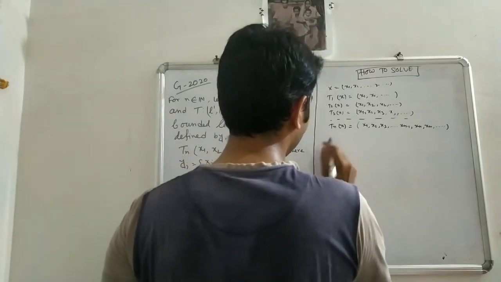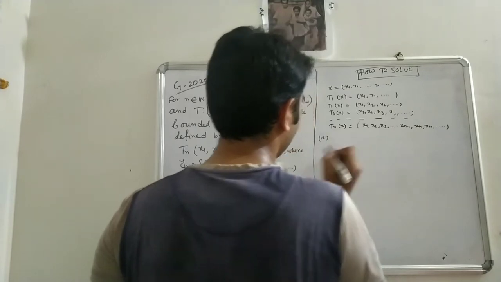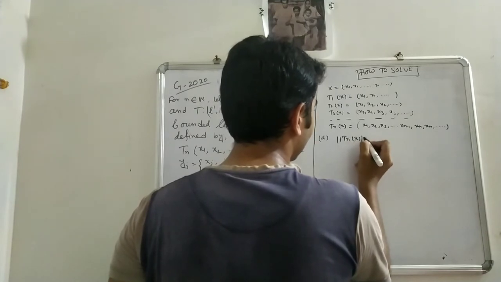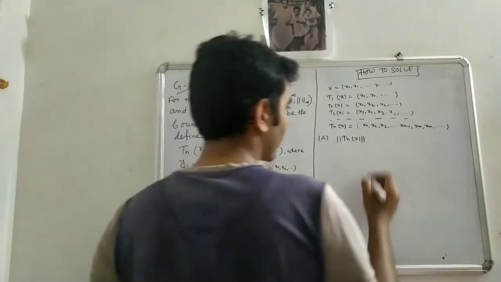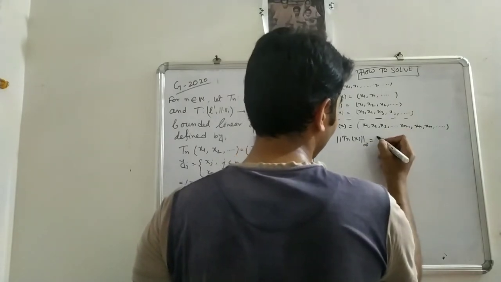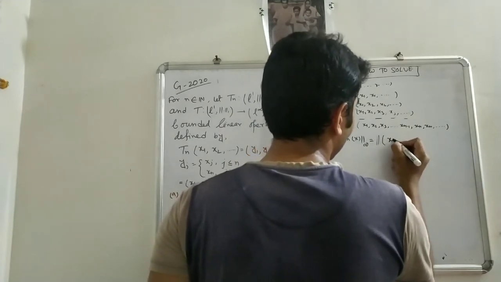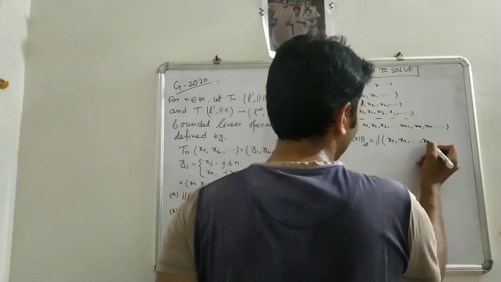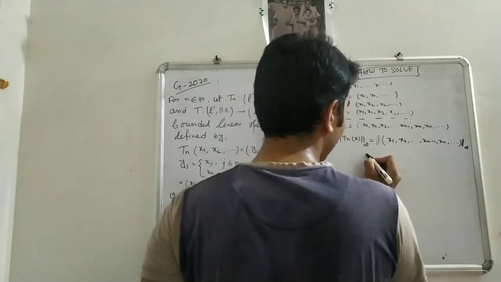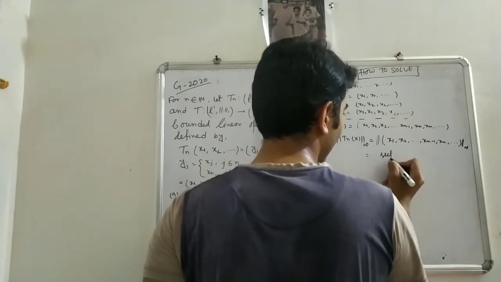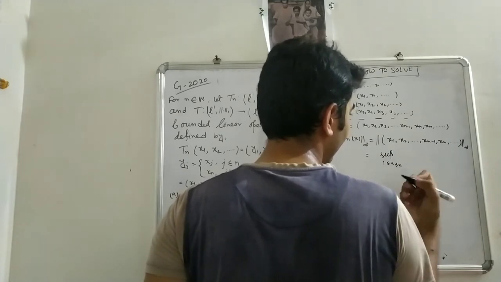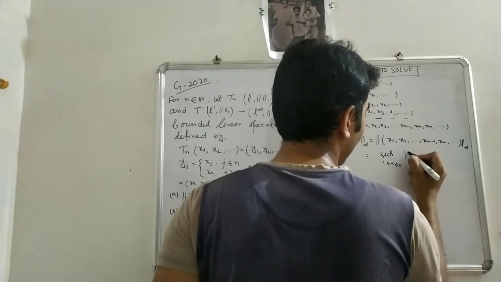That means the norm of Tnx in the infinity norm, which is the norm of x1, x2, dot dot dot, xn minus 1, xn and so on. This is equal to the supremum over 1 less or equal to k less or equal to n of modulus of xk.